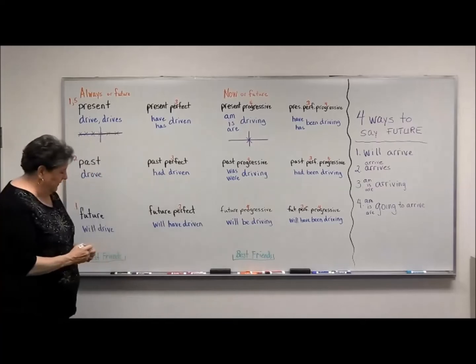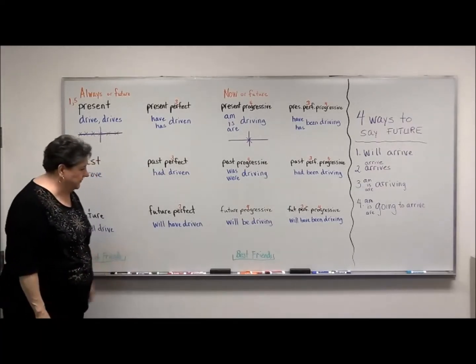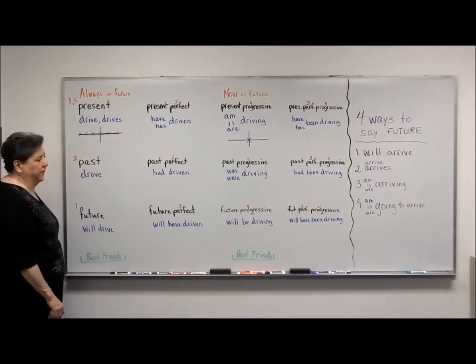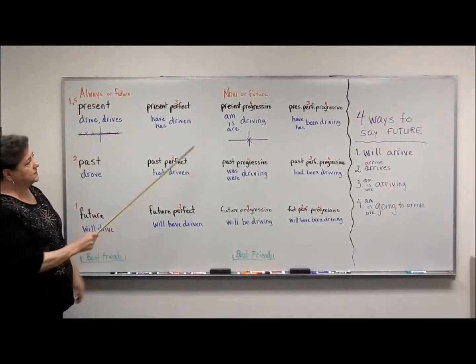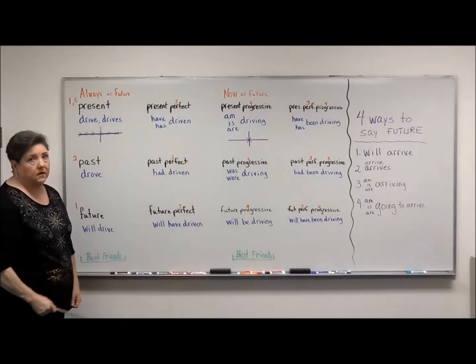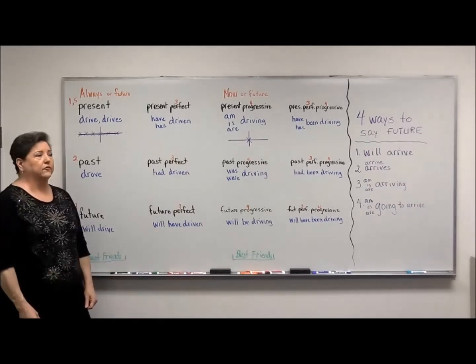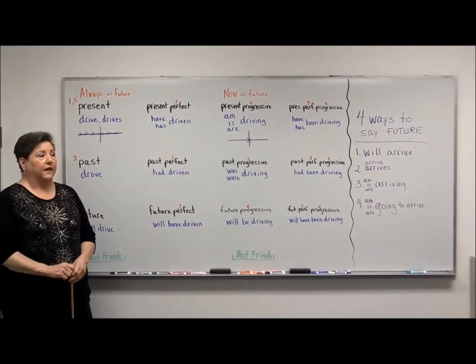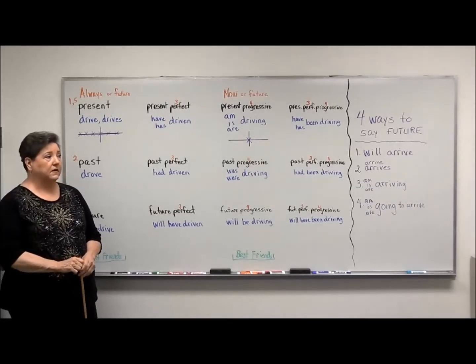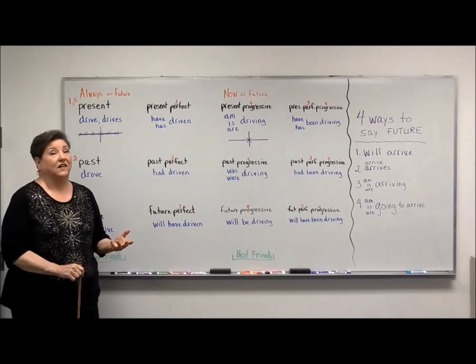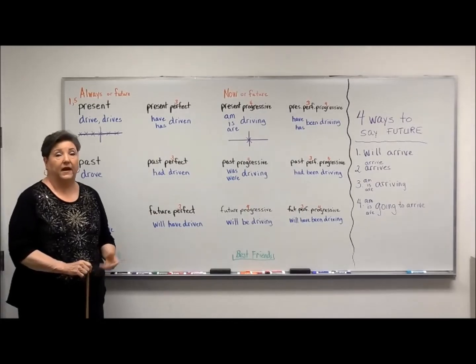What does this mean? Best friends. When I say best friends, I mean that these tenses are best friends with these tenses. What are best friends? Best friends are close. They like the same things. They can sometimes talk about the exact same thing, the same action.